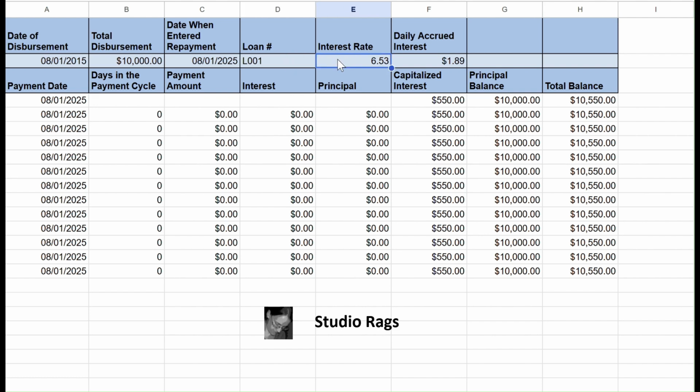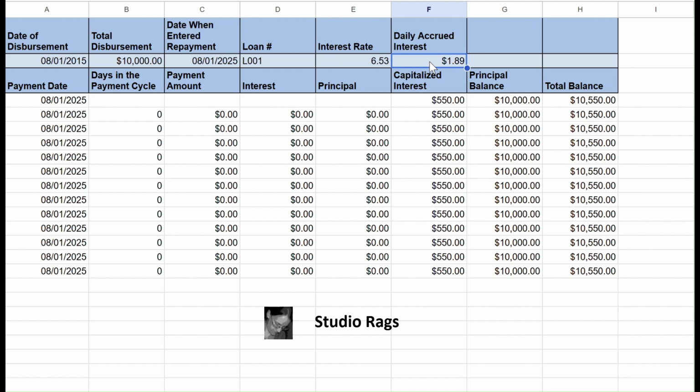Interest rate is the interest rate that's on your loan. It is needed for the calculations, so we will actually convert that. In this case, your interest rate is 6.53. So in the calculation, your interest rate is actually 0.0653. It will give you a daily accrued interest amount because remember, this is interest that is accruing on your daily balance.